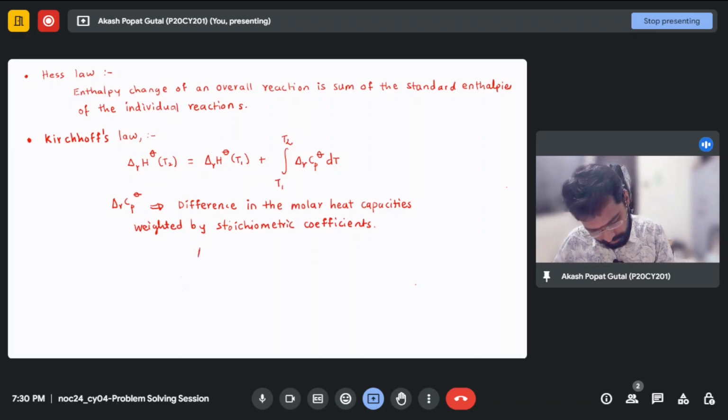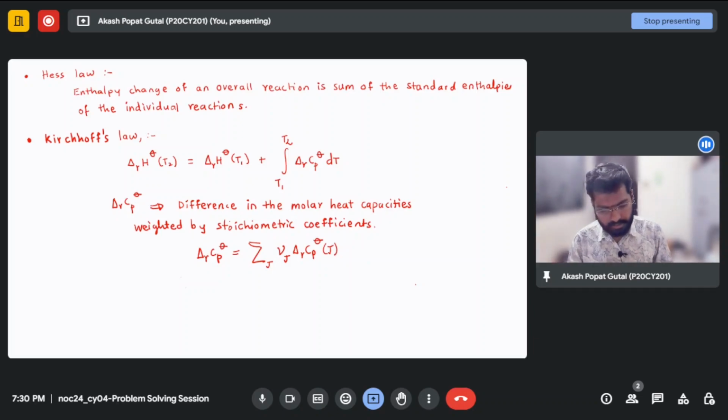So we can define it as delta r Cp equals the summation over j of nu j times Cp standard for all j's.